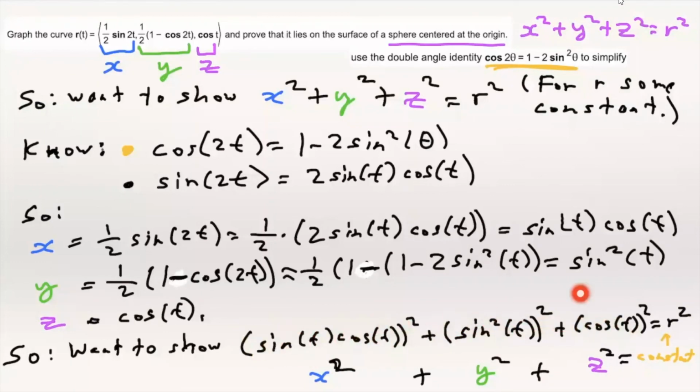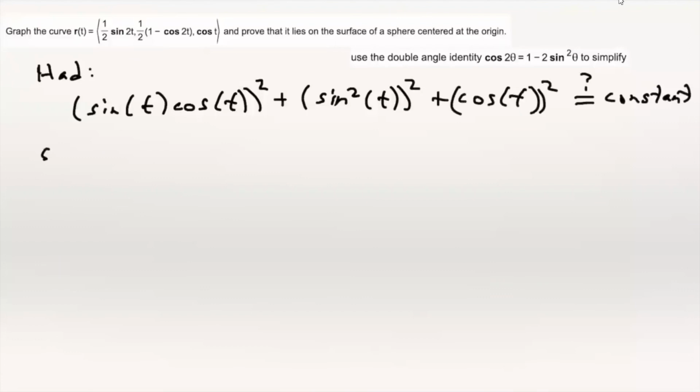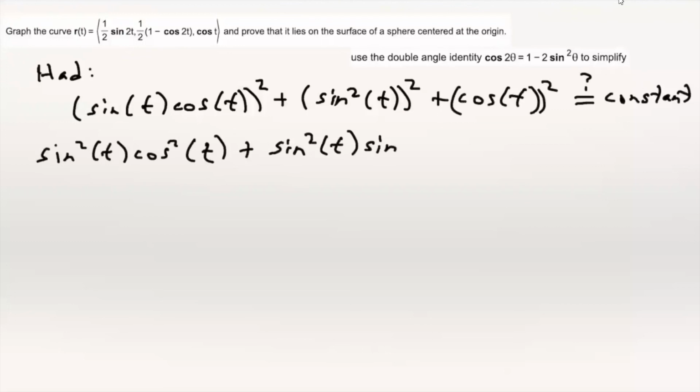It looks like we'll probably need to use sine squared plus cosine squared is 1. So that's sine squared t cosine squared t, distributing the squaring. I'm writing it this way to have sine squareds, and that way it'll be more clear that we have a sine squared plus cosine squared.